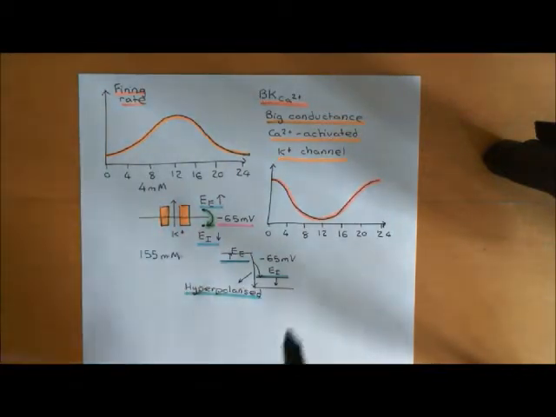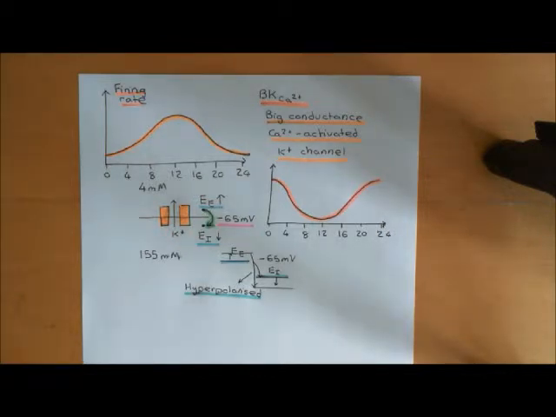So at night we will be hyperpolarizing the membrane of the suprachiasmatic nuclei neurons, and that will make it much more difficult for these neurons to fire action potentials, and that could explain why the firing rate of these suprachiasmatic nuclei neurons is decreasing during the night, and then why it's higher during the day.